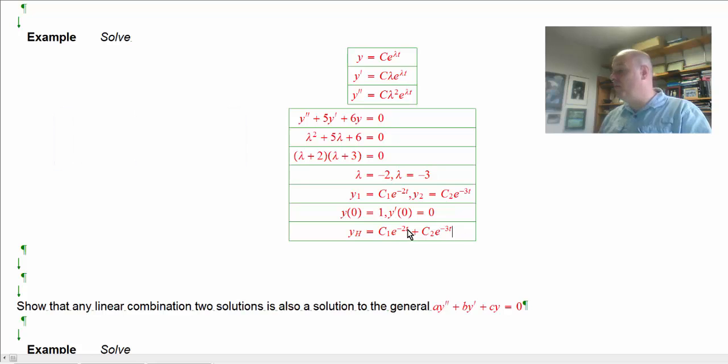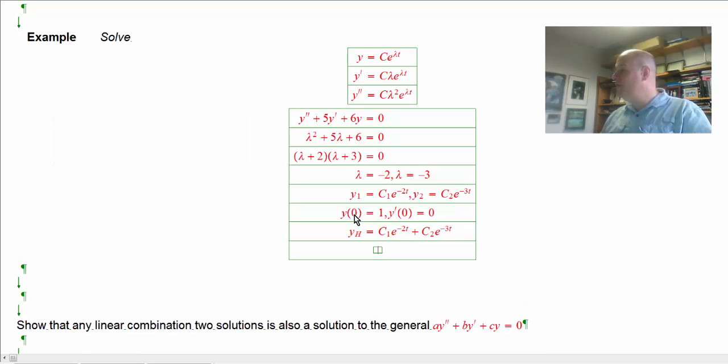What about the constants? Well, this first y(0) equal to 1 gives me the equation. If I make my t equal to 0 and set the y homogeneous equal to 1, then I get that the sum of the two, so here's me setting t equal to 0, e to the 0 is 1.